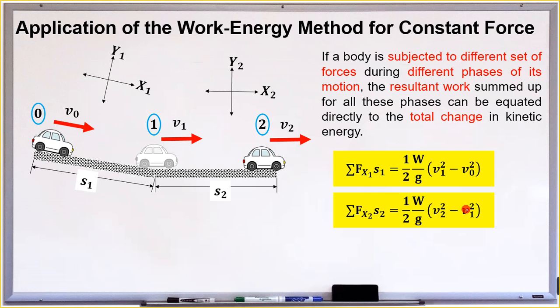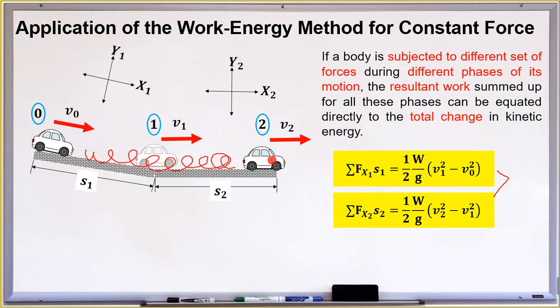Now, this can be simplified using these two equations. We add the two works, the work done from 0 to 1 and the work done from 1 to 2, so that we no longer mind the middle part. We only consider the initial, that is point 0, and the final, point 2.